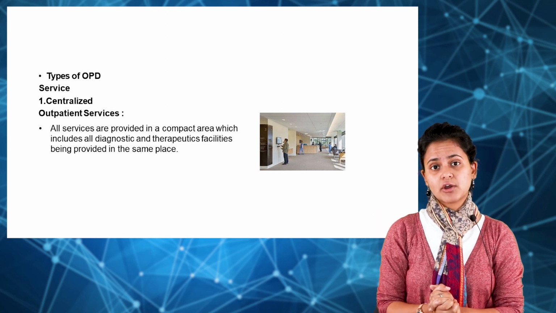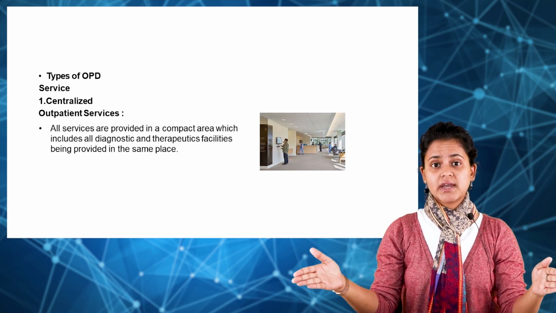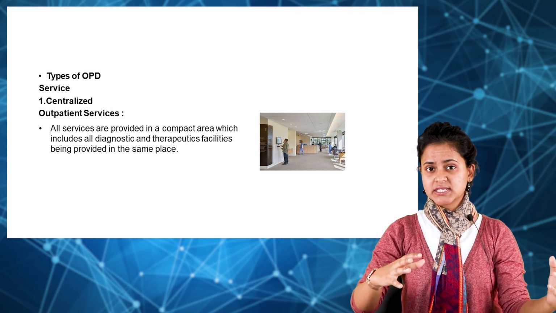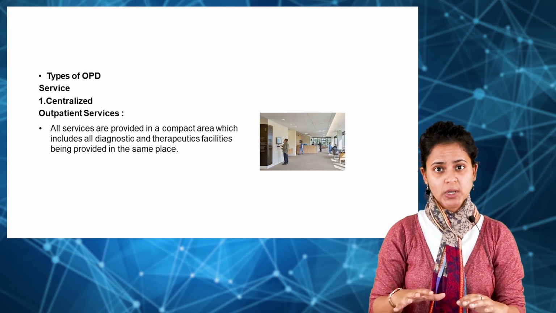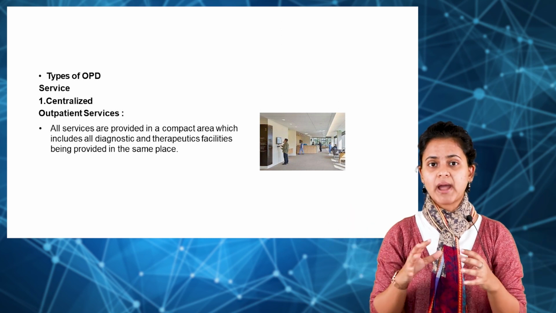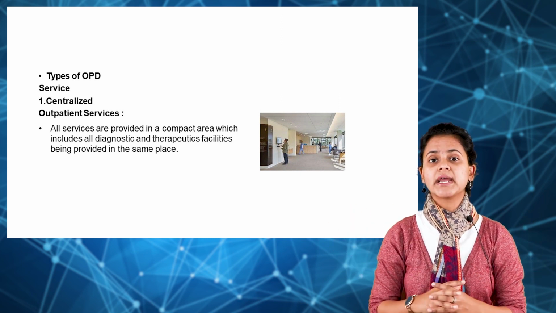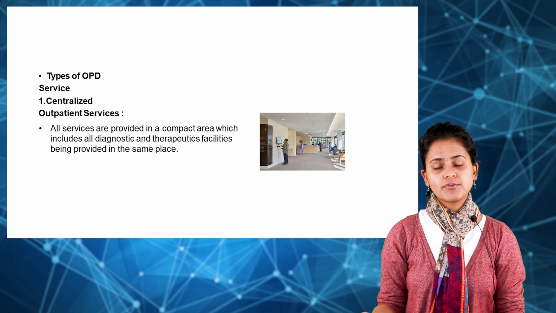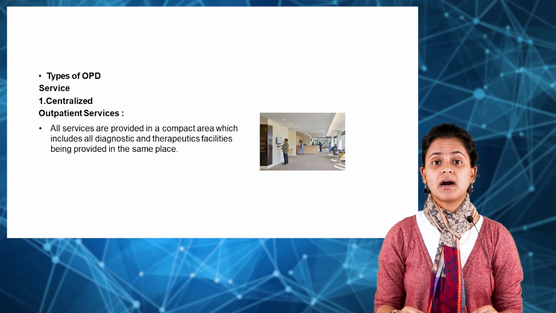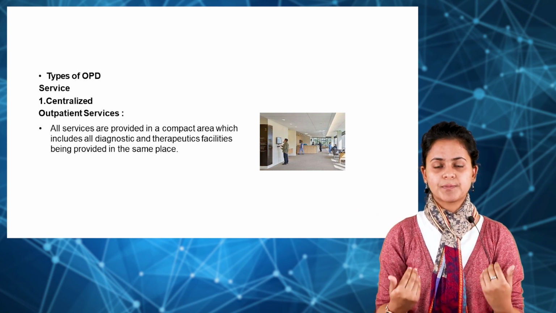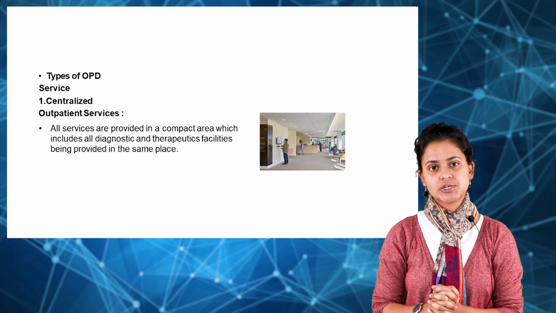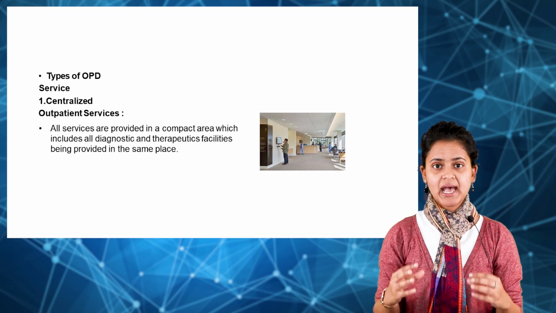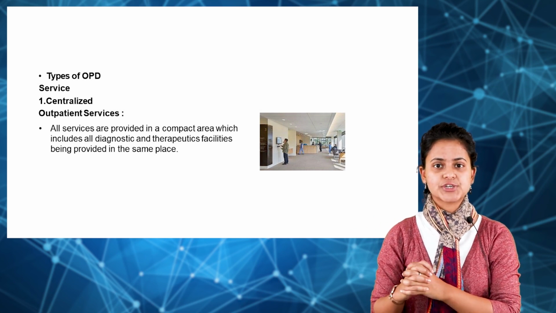So basically there will be facilities for diagnosis and facilities for therapeutic approaches of medical care in a specific compact area. This kind of outpatient department we refer to as a centralized outpatient department, and the services provided by it are termed centralized outpatient services.